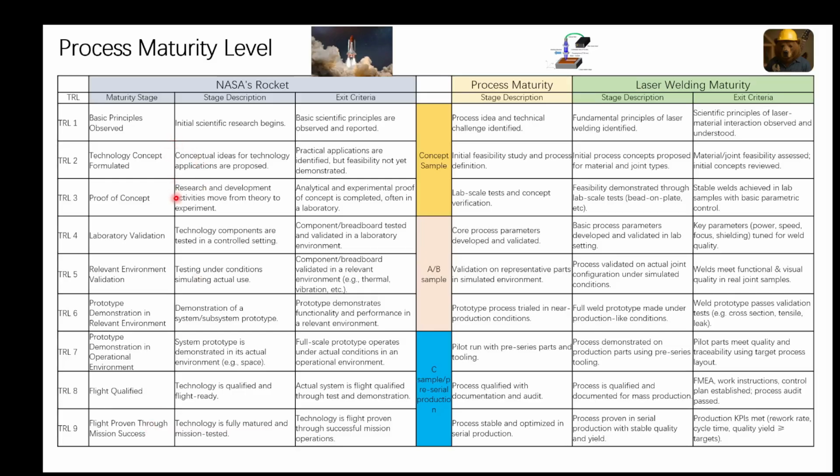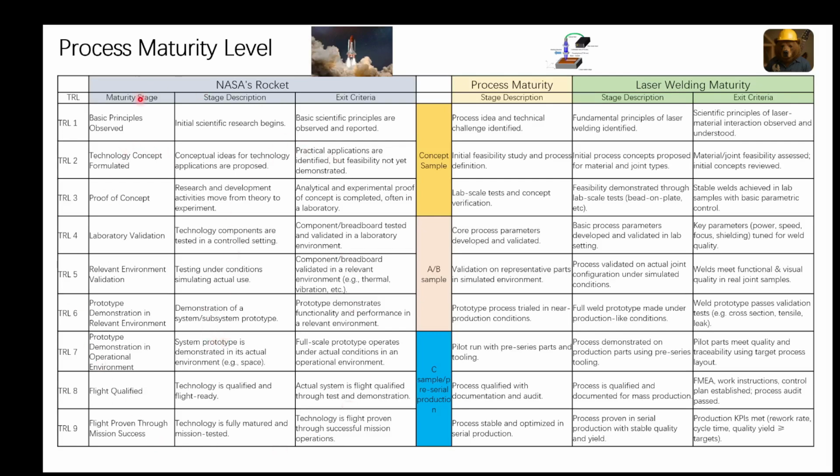So at the different stages, the technology has proven valid or successful. It's the symbol of the process development success, or technology development success. So here are the descriptions of each stage.